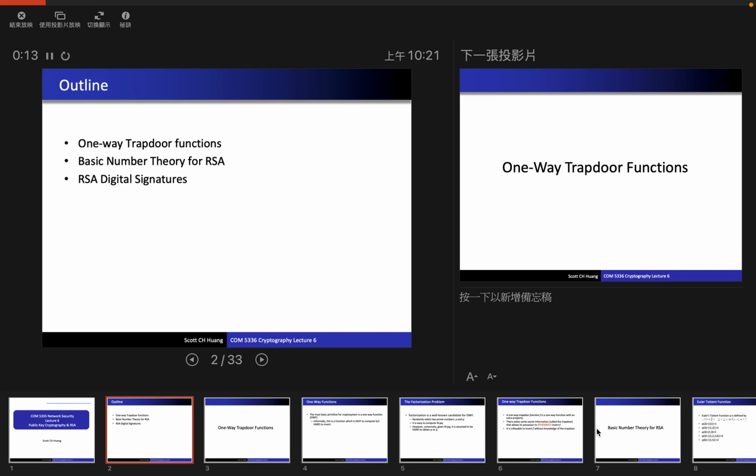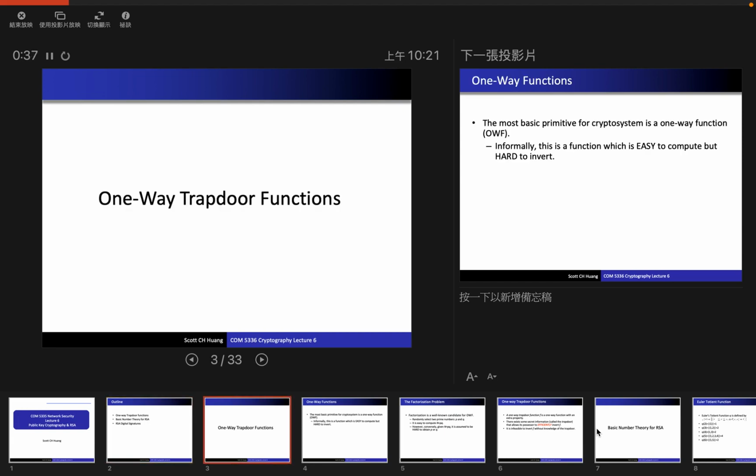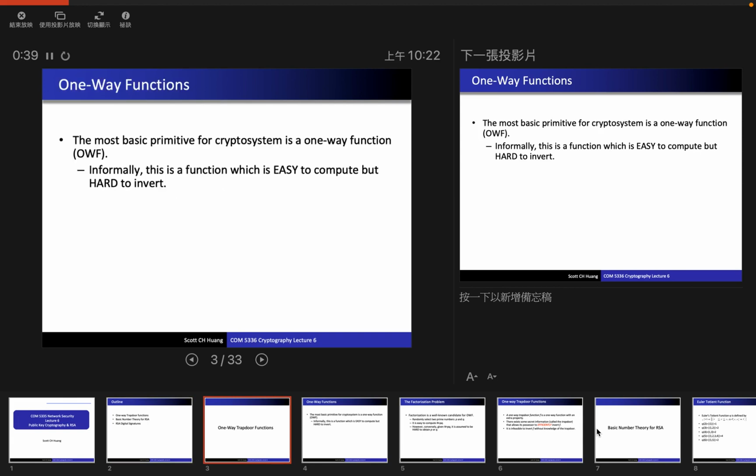We'll be covering one-way functions, which is a vital building block of RSA, and we also need a little bit of number theory for RSA in order to facilitate the introduction. And also, we'll talk about the RSA digital signature. It's the same.